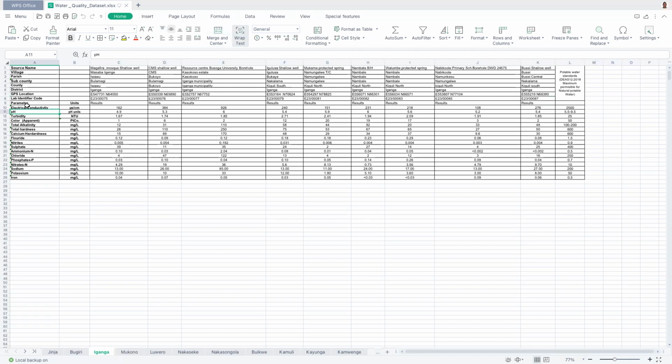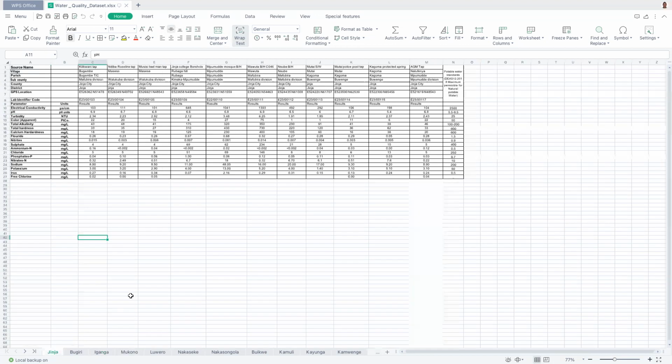Then we have some water quality data points like electrical conductivity, pH, salinity, color, and also things like total alkalinity and things like nitrates. And some of the columns vary from one sheet to another. There are districts that didn't have some of these data parameters that were appearing in another sheet.